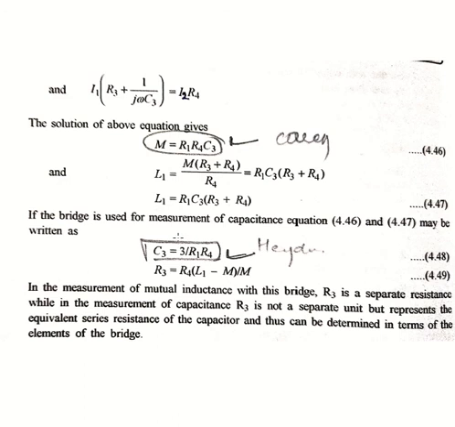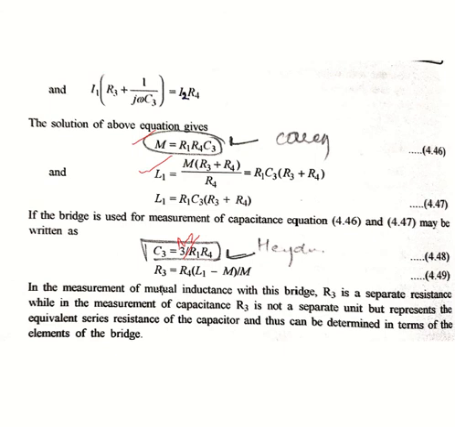So this is C3 equal to M divided by R1 by R4 from this part. And we will be having our R3 from here. So our R3 will be equal to R4 in bracket L1 minus M divided by M.